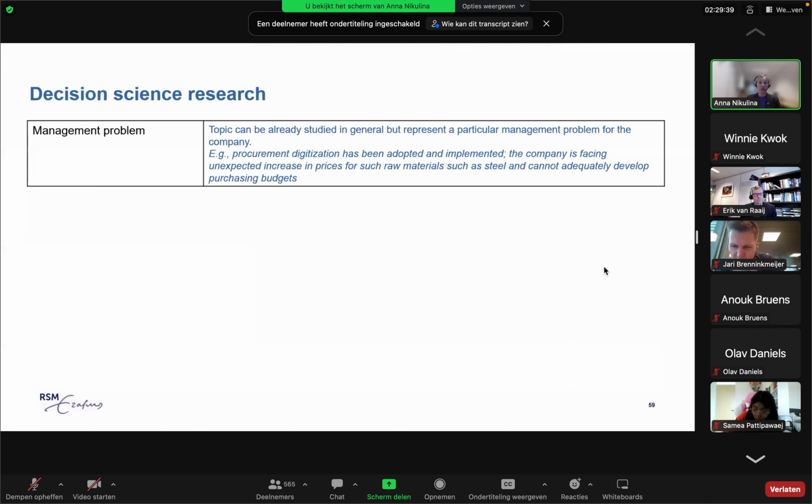So we know that IT technologies, automation, digital really work well. It's adopted, it's implemented, but there is a specific problem. There is a lot of increase in raw material prices, and we cannot develop our purchasing budgets adequately anymore.